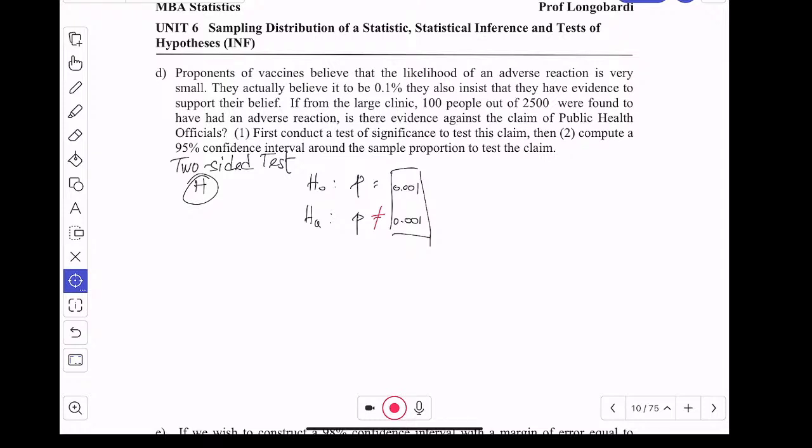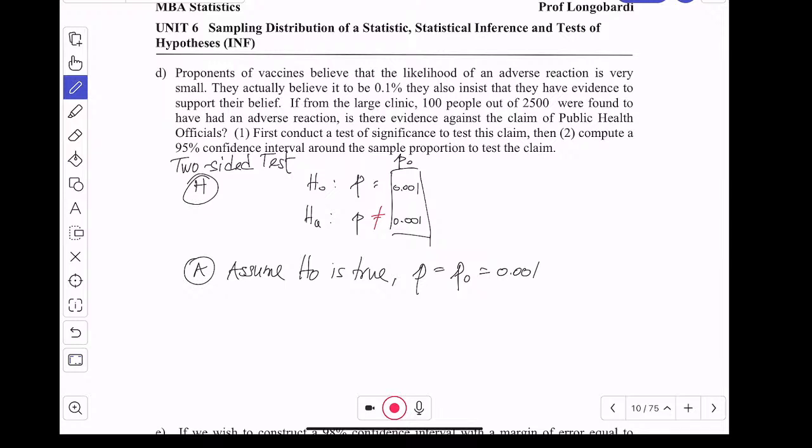The next step is assume H0 is true. So that means where this is P0, P equals P0 equals 0.001. So we make that statement that it's true, and then let's look at the implications.